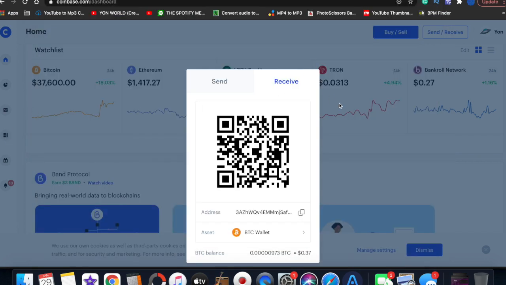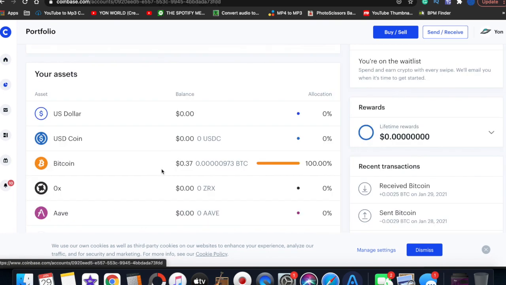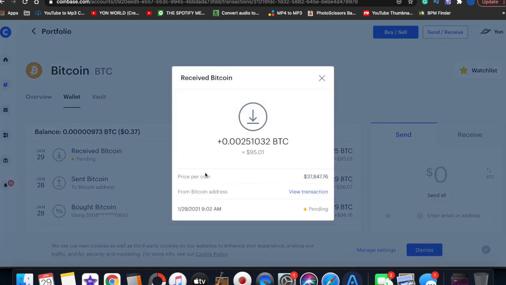Now, as you can see, I'm receiving $95, right? It's pending right now on my Coinbase, but I'm receiving the money I just sent. It was a $2 service fee to send the money, but as you can see, it's appearing on Coinbase.